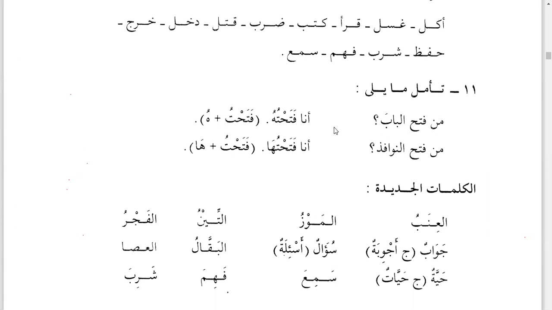And we have talked about this, ta'ammal ma yali, we have to reflect upon the following. Man fataha al-baba, ana fatahtuhu. So fatahtu: subject, verb, and who is the object? Do you remember one thing about the attached pronouns? When we use an attached pronoun in a verbal sentence, how do we use it? Is the attached pronoun in a verbal sentence always used as subject or object?